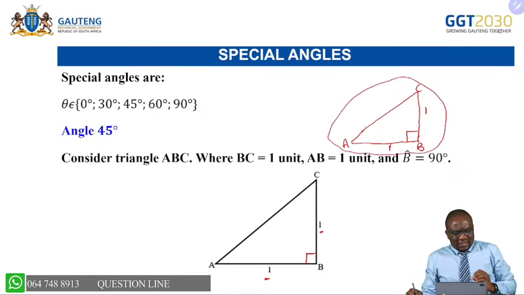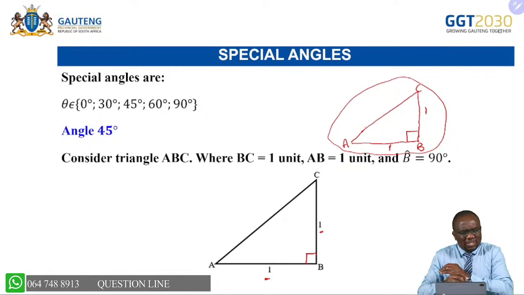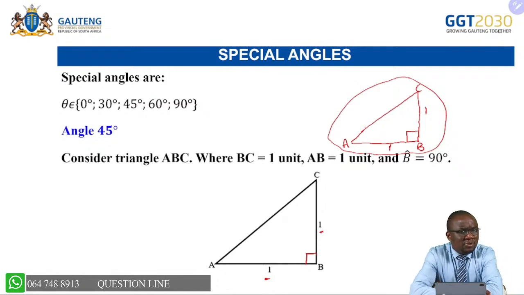Okay, right. Now, we're going to be adding information to this triangle. What type of triangle is this? It's a right angle triangle. When we talk about a right angle triangle, grade 10s, what theorem comes to your mind? There's a popular theorem.